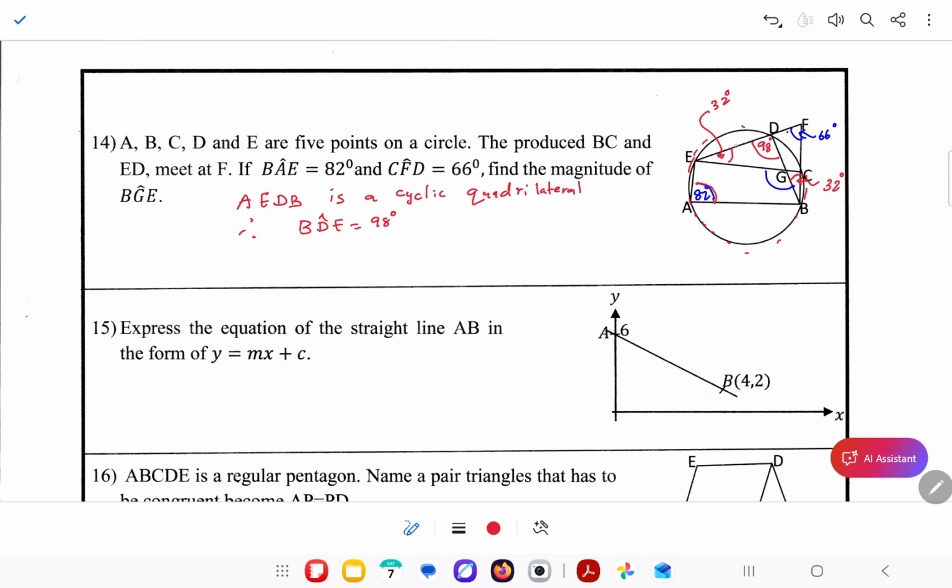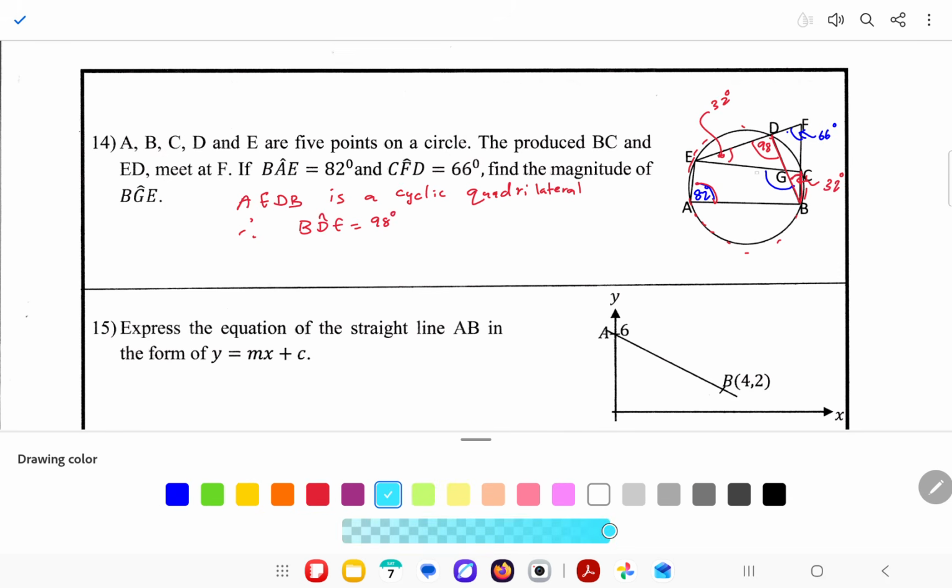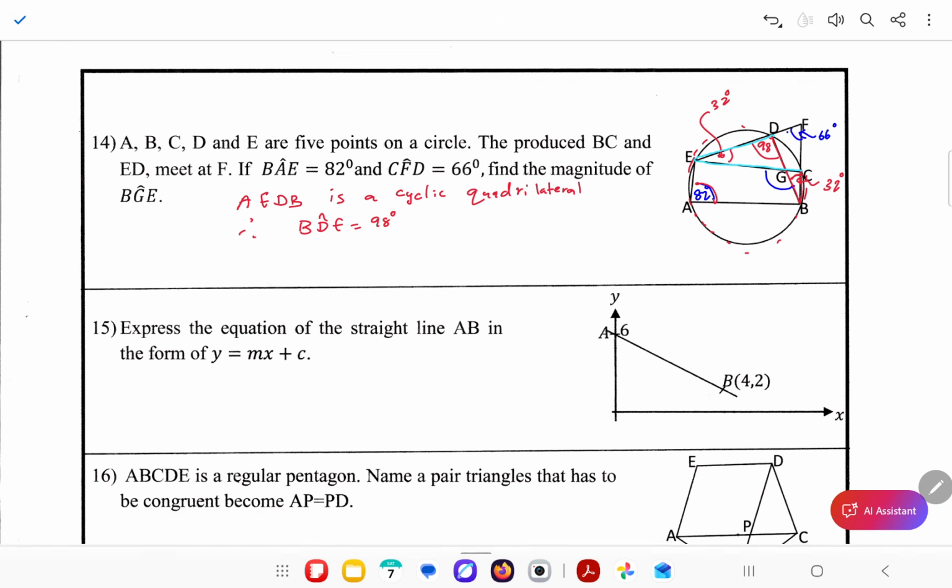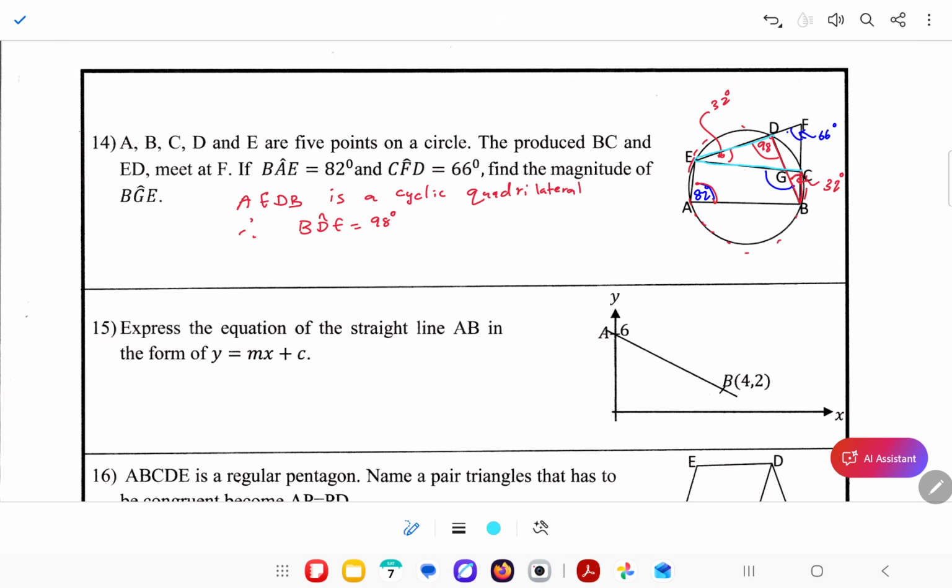These two are in the same segment, so they have to be the same. This one, right? So that is 32, which means this one is also in the same segment, so that has to be also 32.